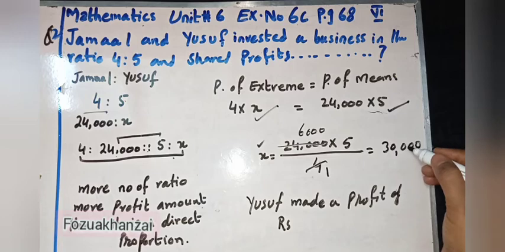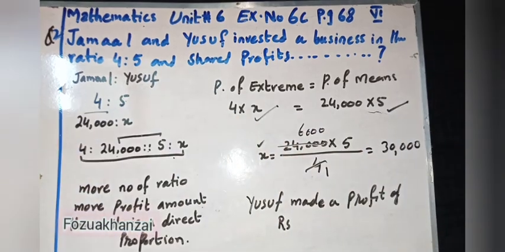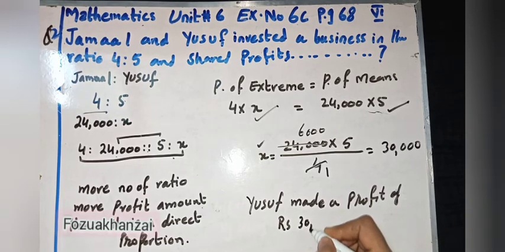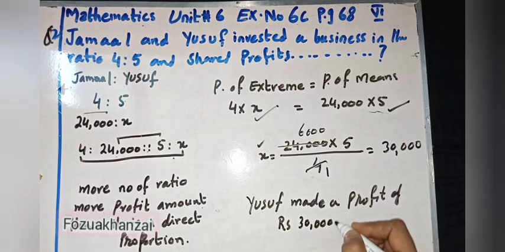It means you get 30,000. It's the profit amount of Yusuf. According to the ratio 5, Yusuf made a profit of rupees 30,000. Done. Question number 2.